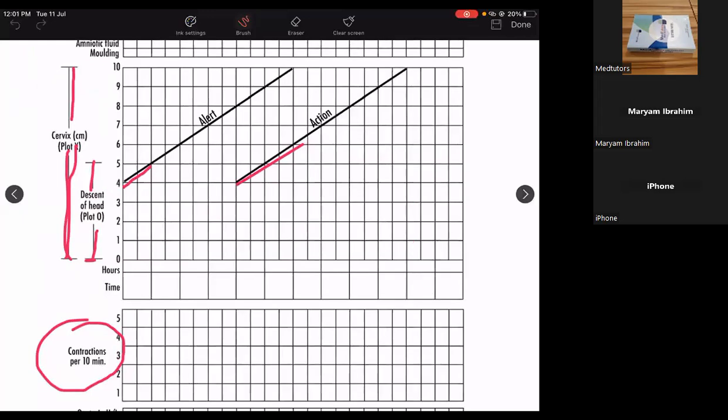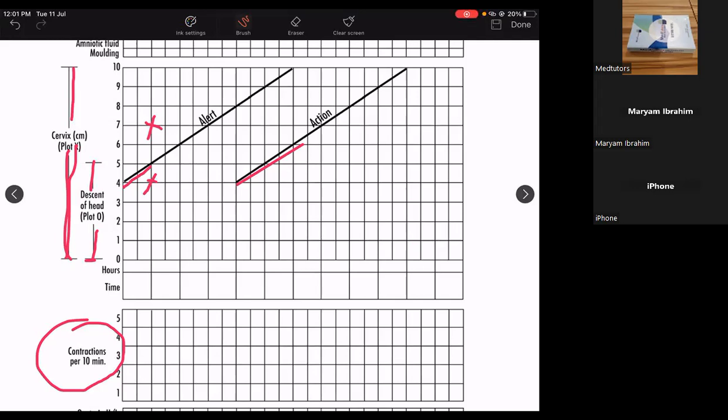So if the labor is progressing well, the cervical dilatation is supposed to be going this way. If it was 4, and at another examination you find she's around 7 centimeters, it should be to the left of the alert line.